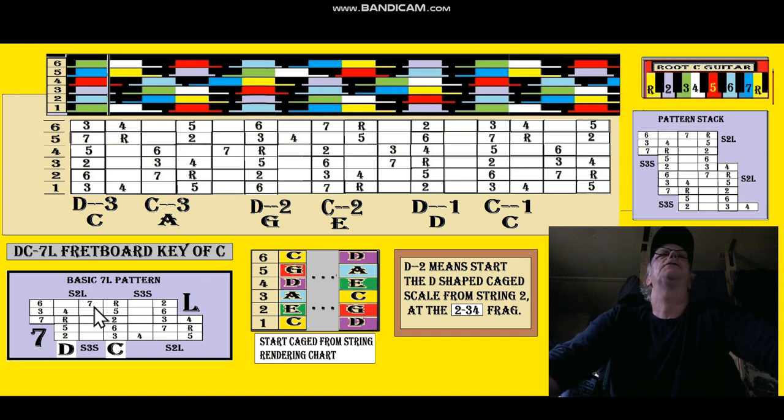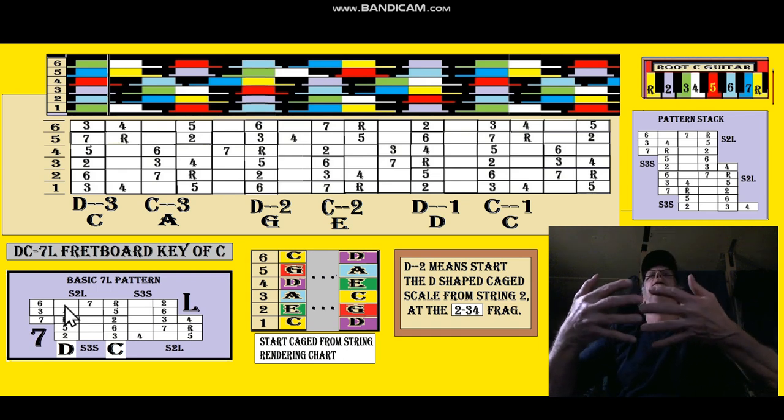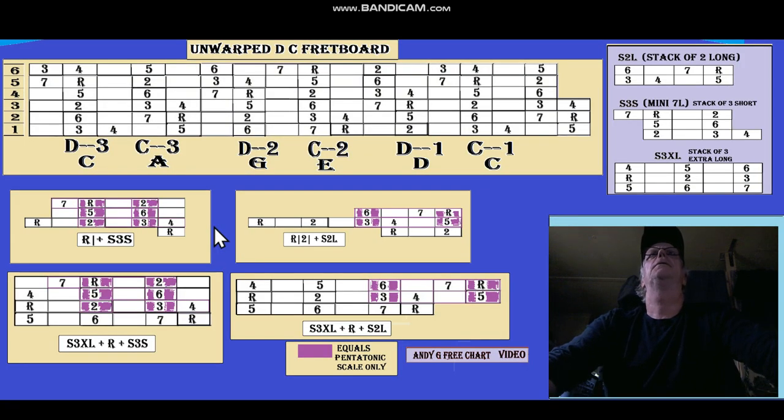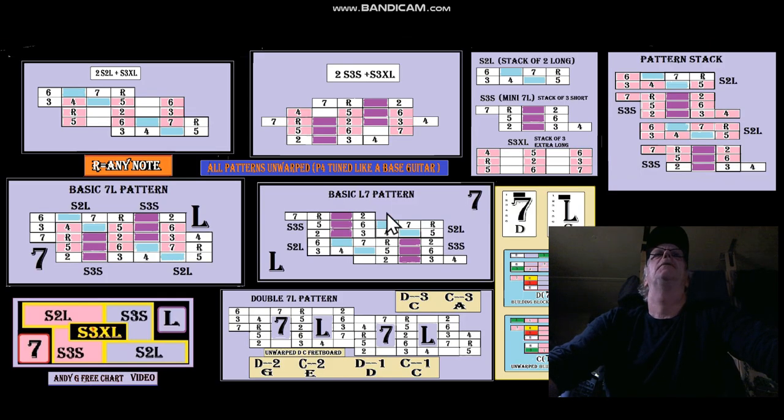So this is part of the pattern stack, but since these things are interwoven, how are they interwoven? Do I have the diagram I want to show they're interwoven? No, I don't, not on that one. Okay, well, this is the brand new diagram. Here you see how we got an S2L here and S3S here, S3S, S2L there.